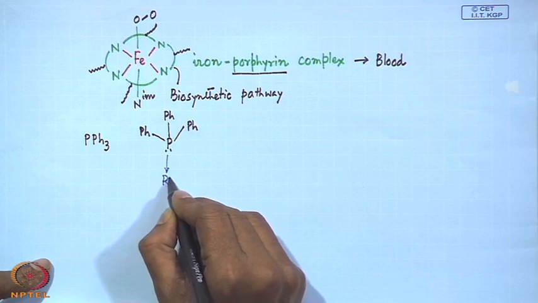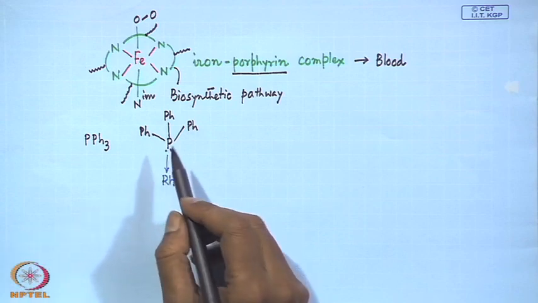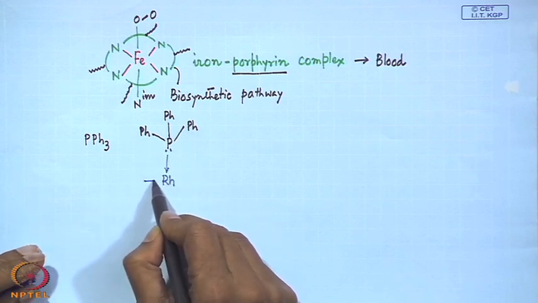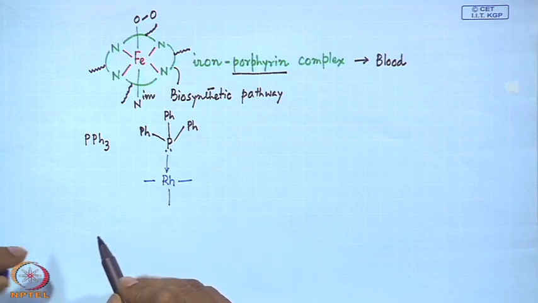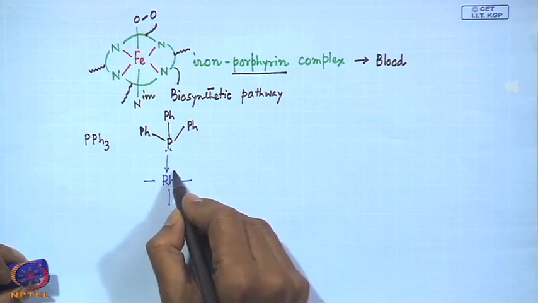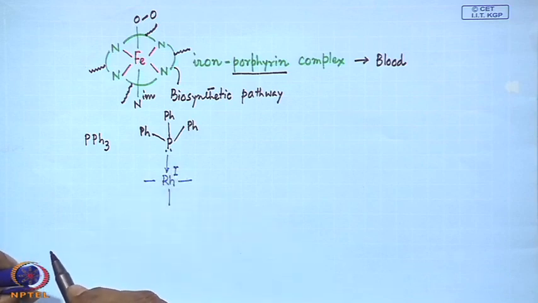Say the most catalytically important metal ion is rhodium. So, if the rhodium phosphine bond is formed in a square planar environment, a 4-coordinated square planar one, sometimes this is in the +1 oxidation state.